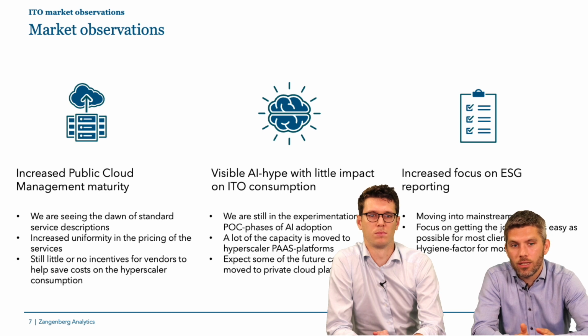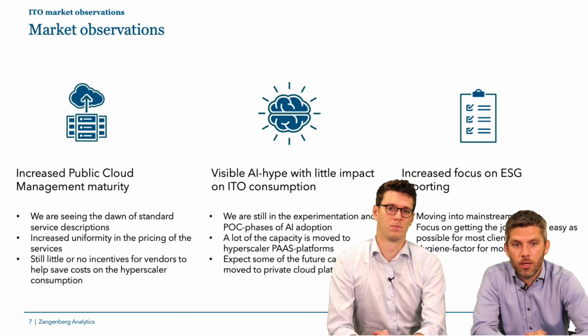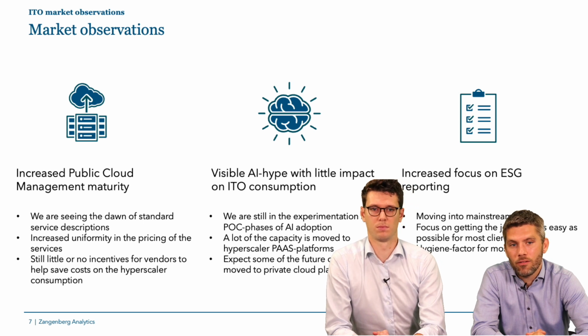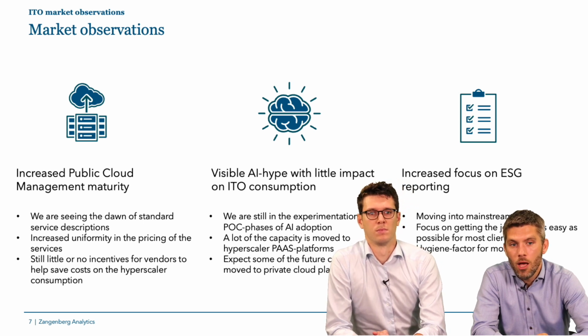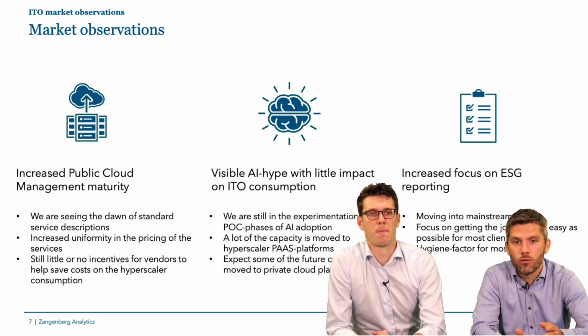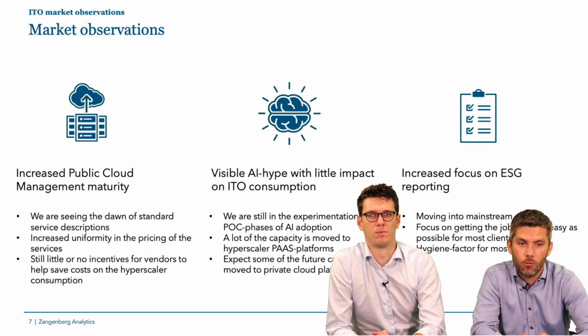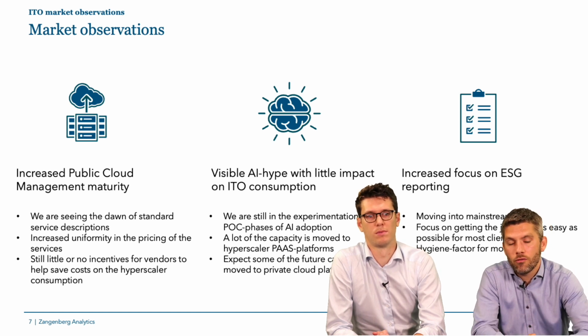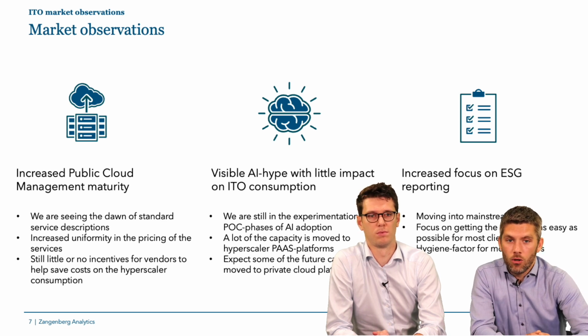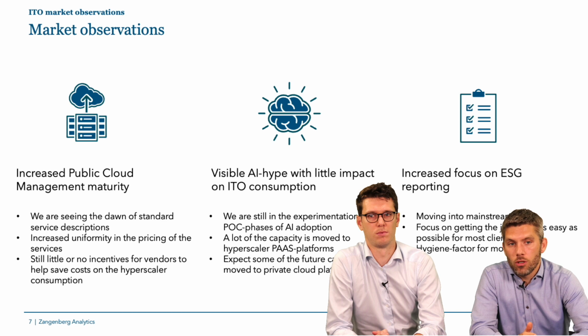And you could expect some of this. Well, currently, most of AI is done in PaaS platforms in the cloud. But we also expect this to move back to your private cloud platforms in the future. So you're not just using hyperscalers' tools or PaaS services to help you in your AI venture.